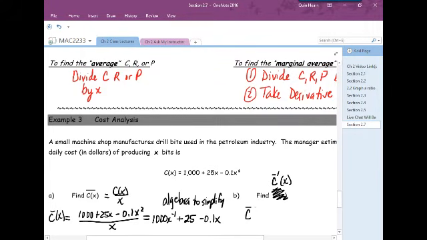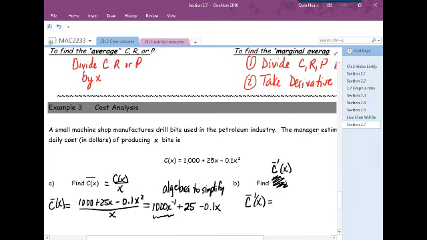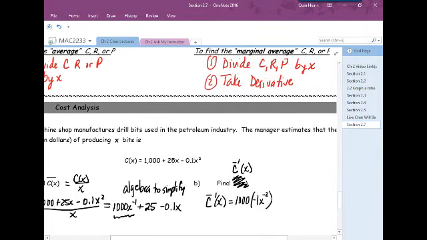Now if I want to find the marginal average cost, that's where I take the derivative. So how do you take the derivative? Well, this first term, 1,000 x to the negative 1, we're going to leave the 1,000 the same. We're going to bring the power out front and subtract 1 from it. So the derivative of x to the negative 1 is negative 1x to the negative 2. The next term is 25, that's a constant. Derivatives of constants are 0. And the next term is just a number times x.